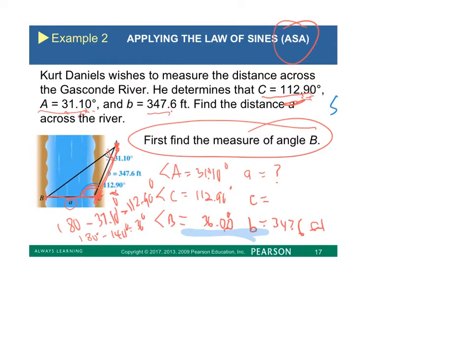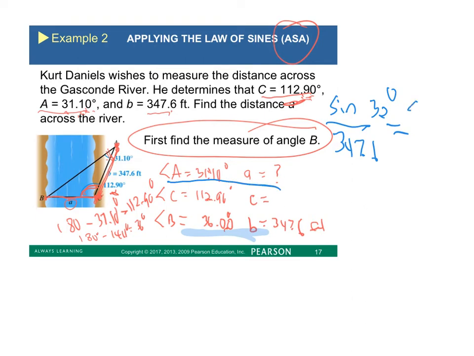Sine of 32.00 over 347.6 has to equal... we're not solving the whole triangle, we just need this one.